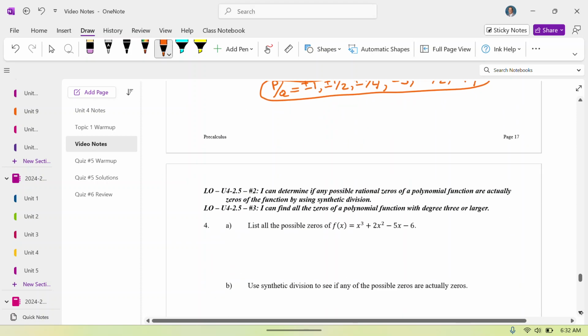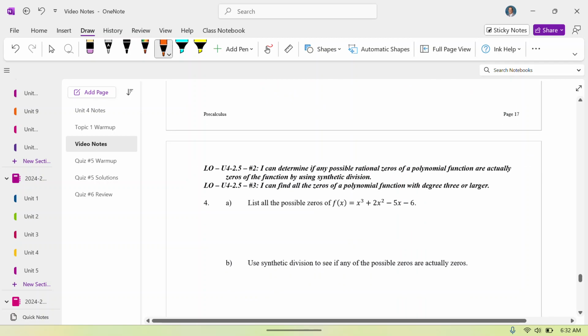Now, what we do with that list is we can use it to help us solve the equation to find all the zeros, because right now they don't give us any. So we need to narrow it down to possible zeros.